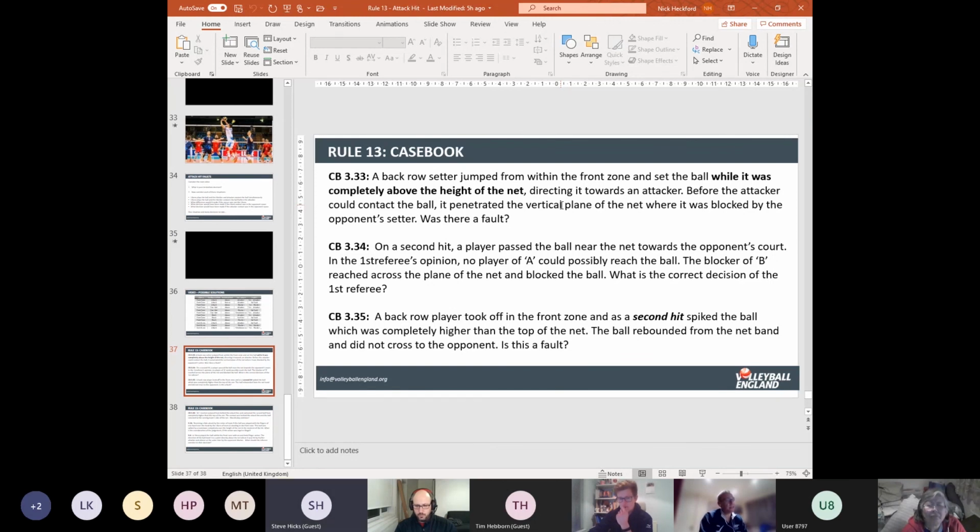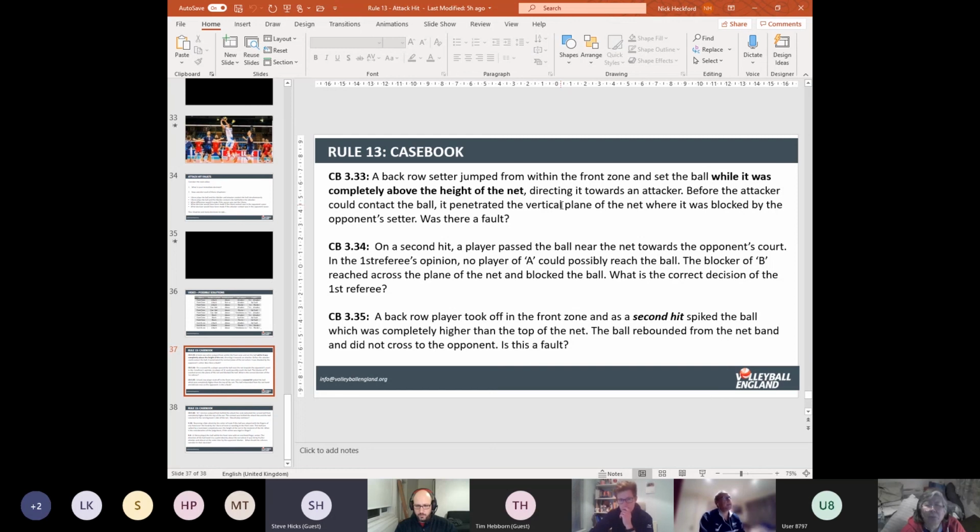Yeah, so as soon as the ball has penetrated the vertical plane of the net, the blocker can touch it. Right. But what I'm saying is that the setter has not committed a fault because his set may not be going towards the opponent's court.